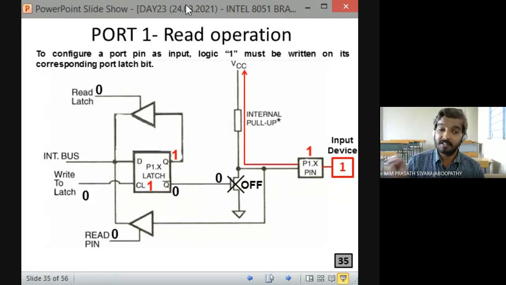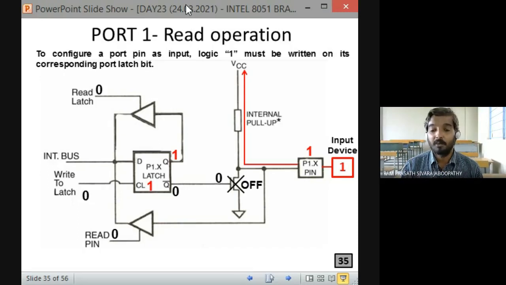Input device with logic 1 connect பண்ணாலும் 1 தான் கிடைக்கும். Fine. So it is not a true input port. Output operation பக்காவா நமக்கு நடக்குது. Input operation அப்படின்னு சொல்றப்ப கண்டிப்பா 8051ல உள்ள port 1 என்னது? It's not a true bidirectional pin.